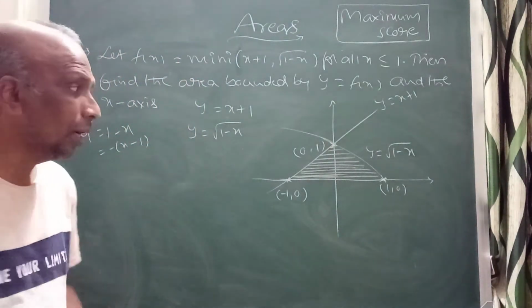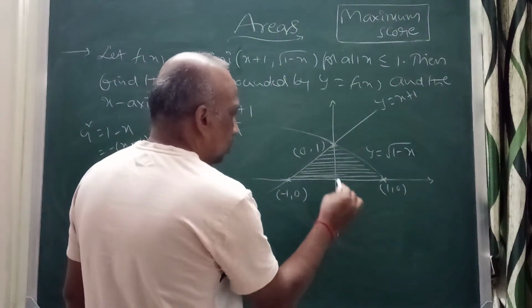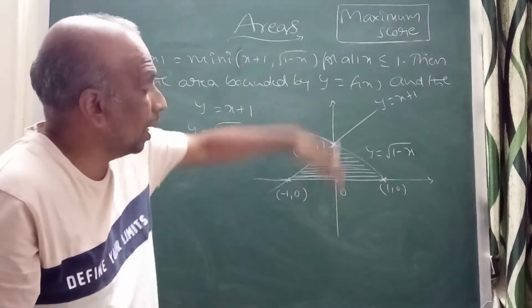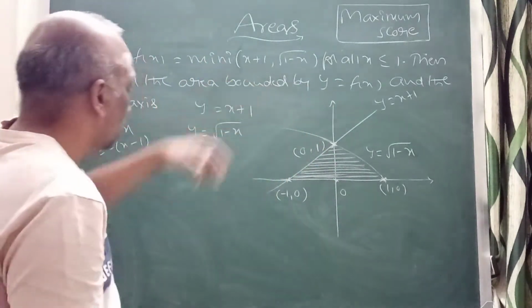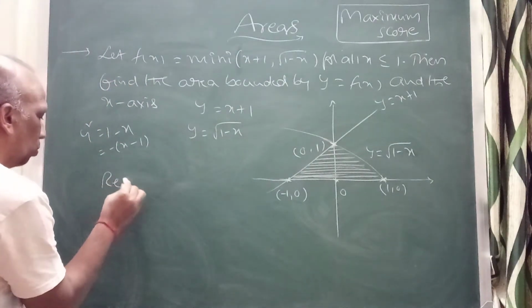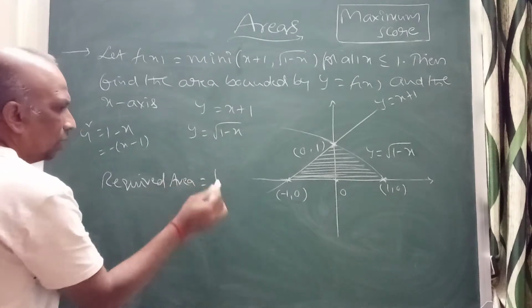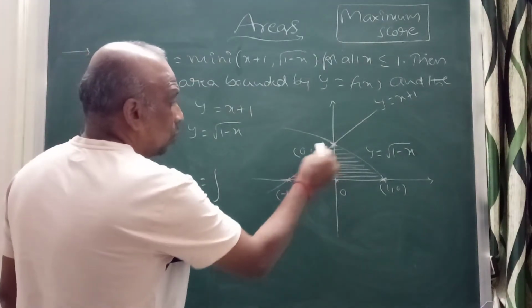What I will do now, along with here, x equal to 0, so this point is 0, 1. I will consider along the y-axis. If you take along the y-axis, the required area equals the integral. Along the y-axis, this is 1 here, so I can consider 0 to 1, correct?